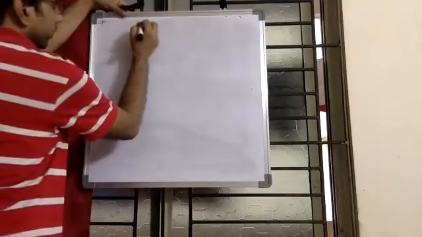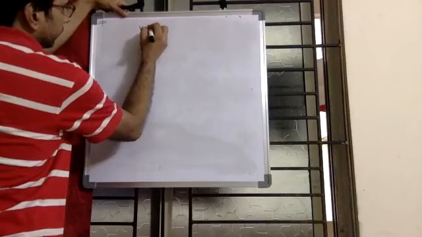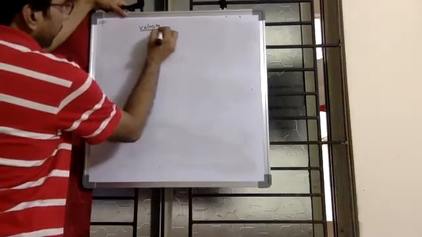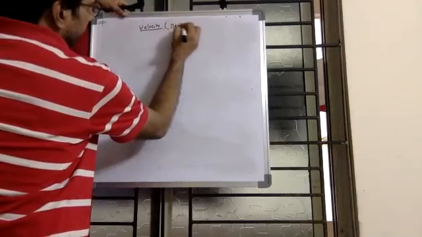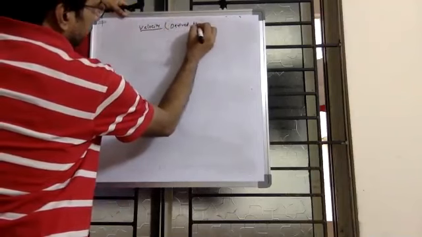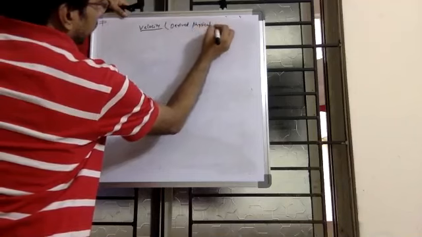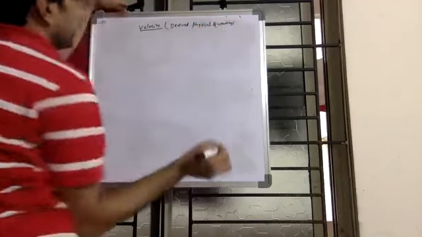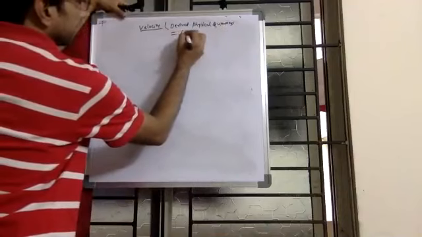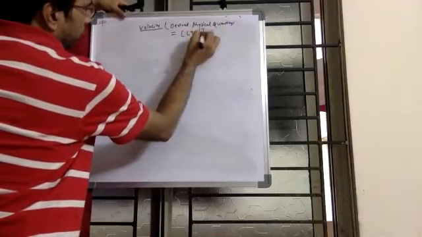Like I'm telling you, velocity. We know that velocity is a derived physical quantity, and we know the dimension of this is LT minus 1.